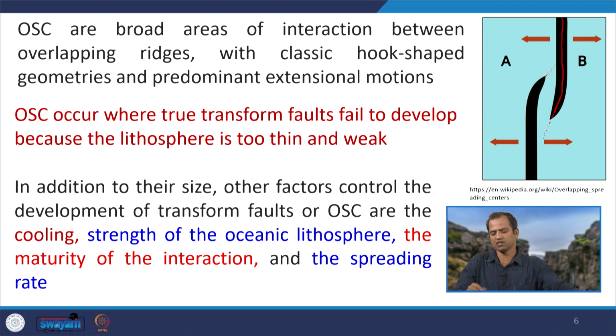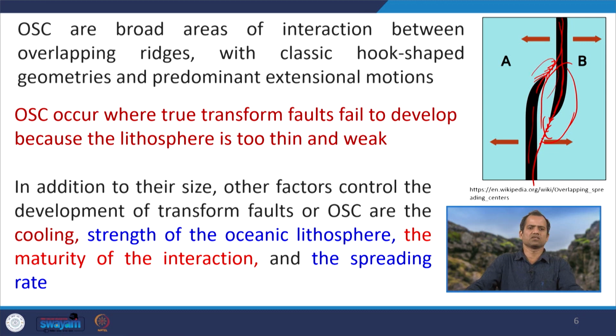Here it is extending, so gradually the tip will move like this, and it is the extensional part. With time, this will join here or this will join here. Whichever joins first, for example suppose this one joins first, the ridge orientation will be like this and the other part will be abandoned; otherwise, if this joins, this part will be the full-fledged ridge and the other part will be abandoned.